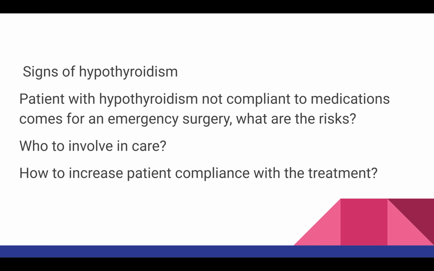We should discuss this with the patient and also the GP, and involve the family members. We should also inform the patient that if there is any drug default, then the patient can have a recurrence of the hypothyroidism. And we should follow up the patient regularly.